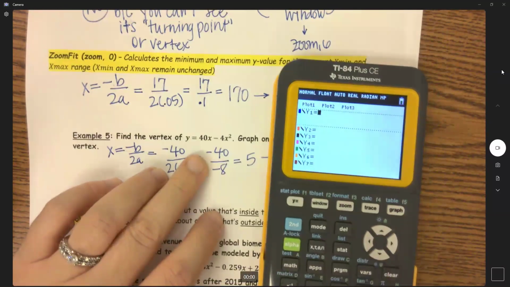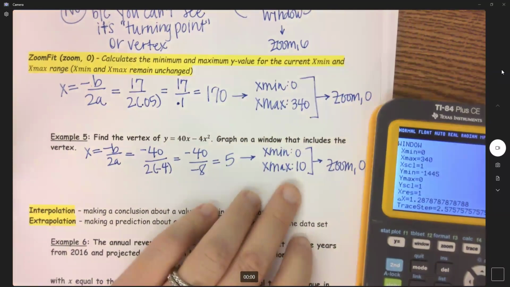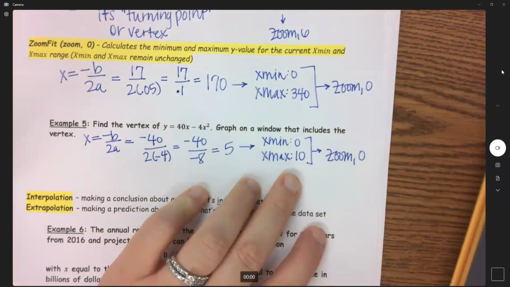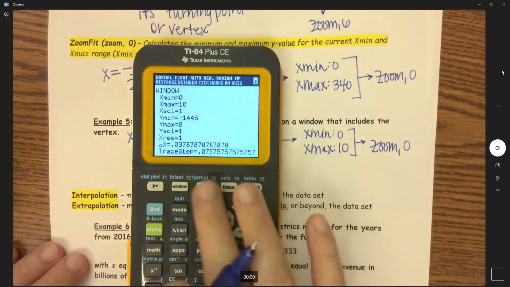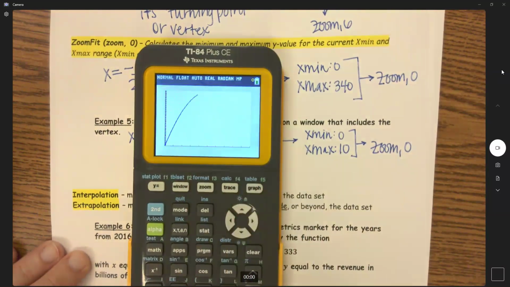So clearing this out, we're putting in 40x minus 4x squared. Go to window, and we are changing this from 0 to 10, and then Zoom 0. And so there is my graph.